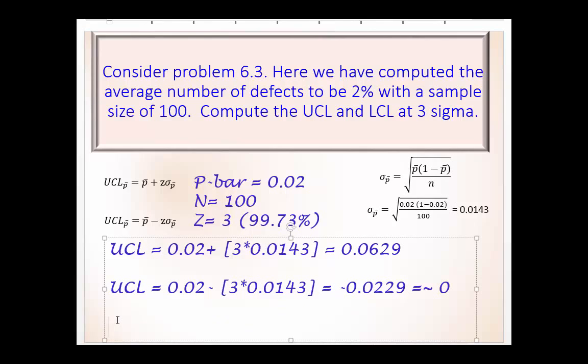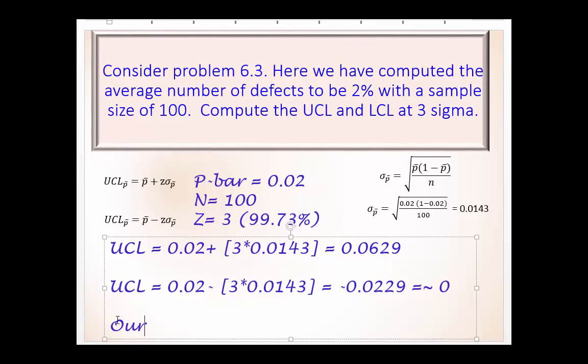What this means is that when we have a sample that on average has 2% errors, we can expect errors to range between 0 and 6.3%, 99.73% of the time.